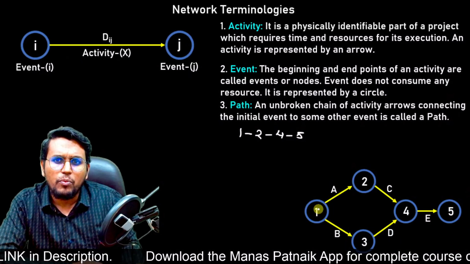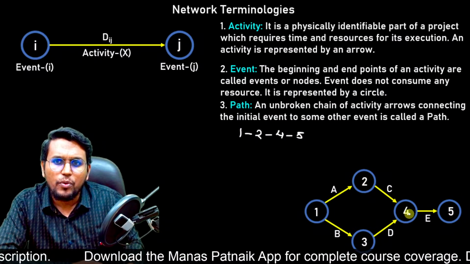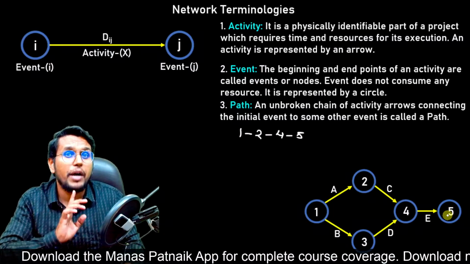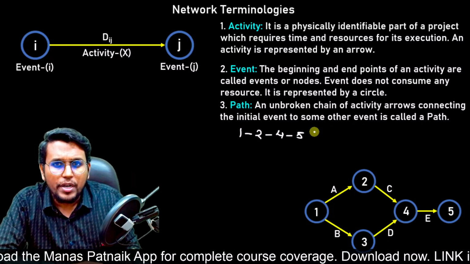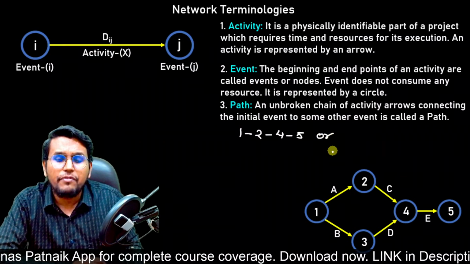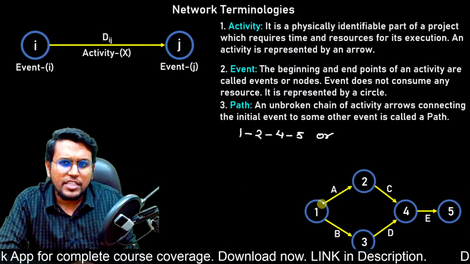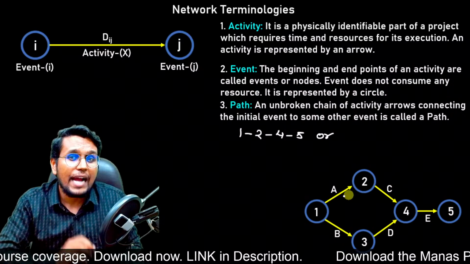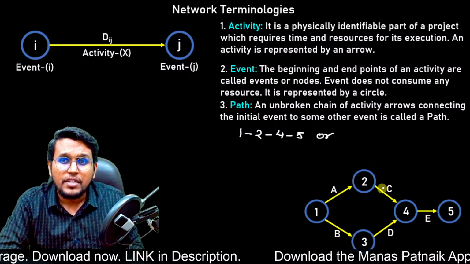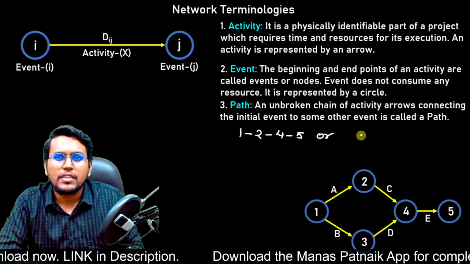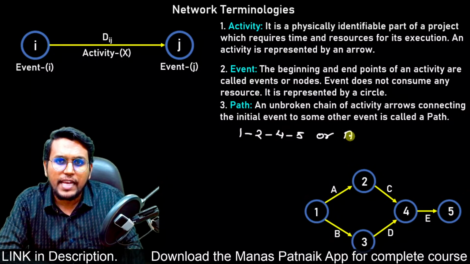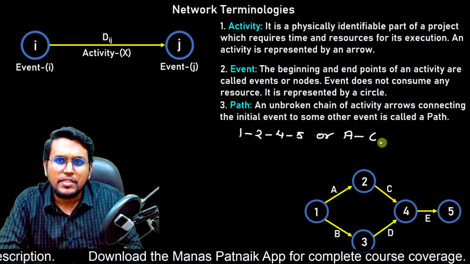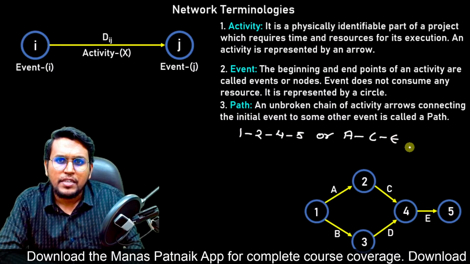As I move from 1, 2, 4 and 5, this constitutes one path. Or I can represent it in the form of activities. So this path 1, 2, 4 and 5 consists of 3 activities, which are activities A, C and E. So it can be written as activities A, C and E.